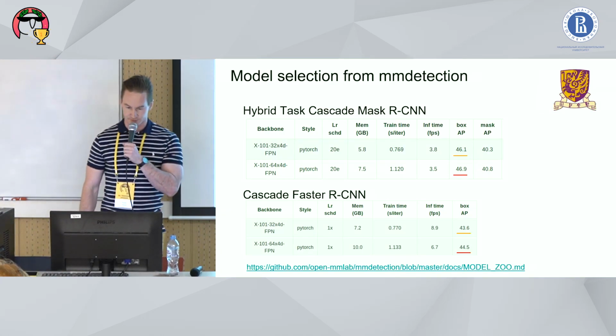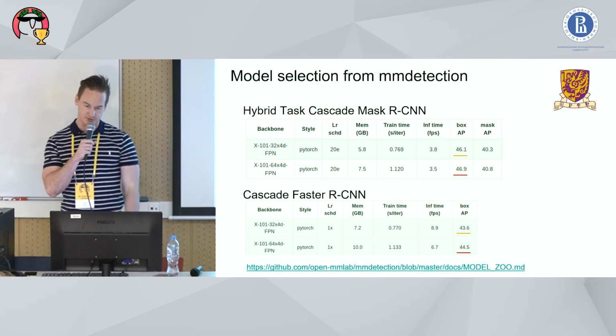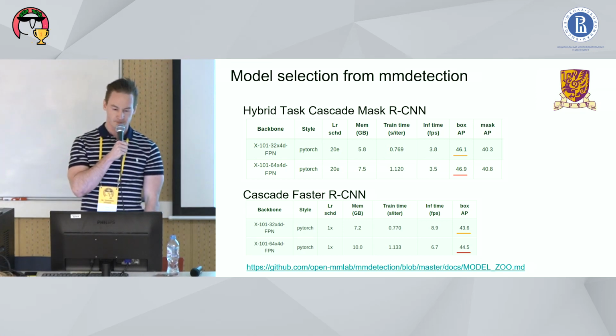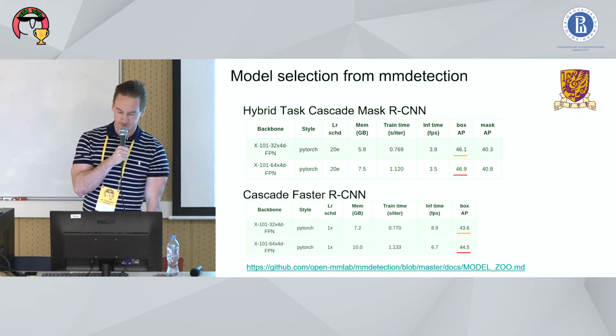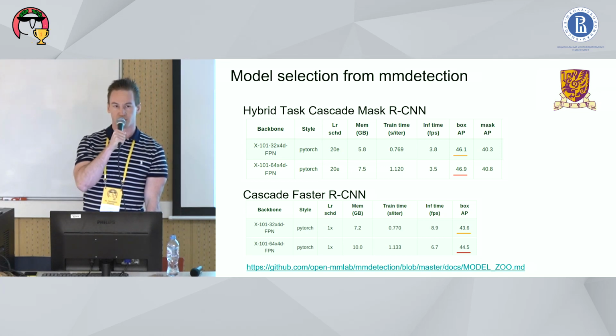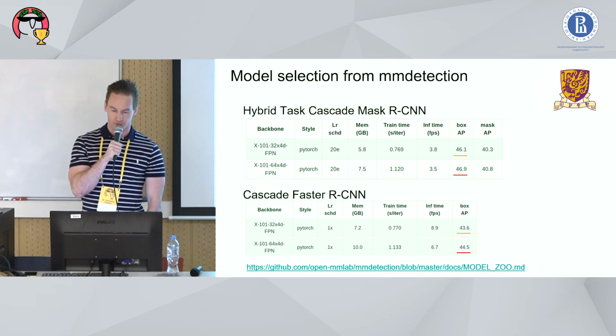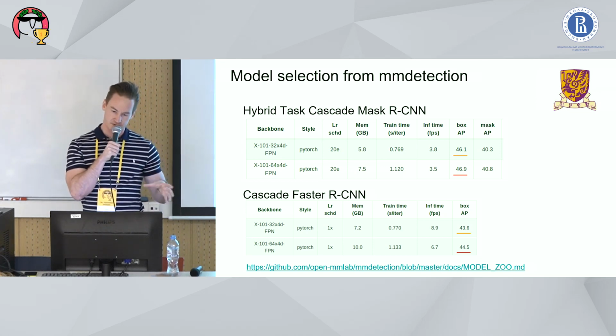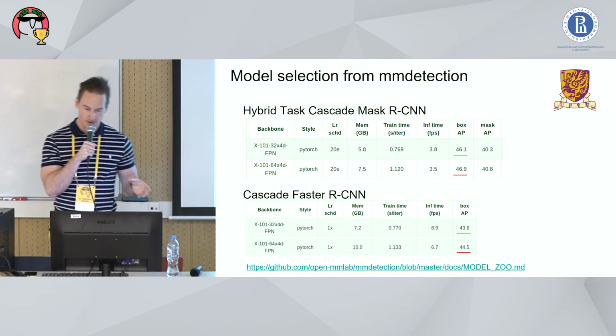About model selection. As I mentioned, I used augmentation, and there are 2 ways to approach this competition. You can start from detection and then make the mask for the instance segmentation task.